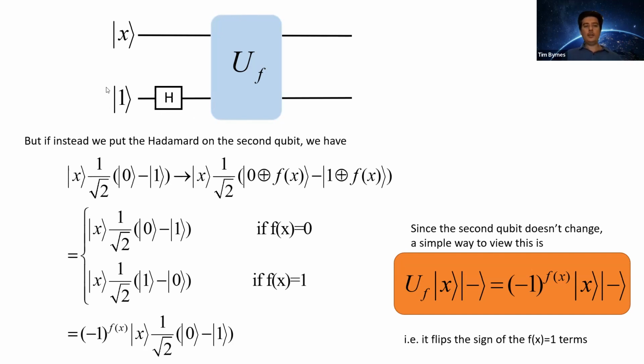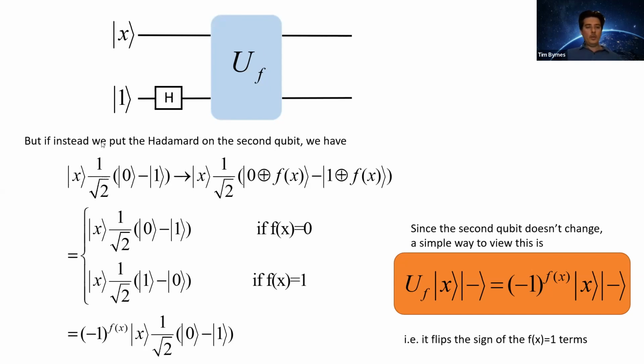So we start with a 1 instead of 0, and then we apply the Hadamard. We end up with something a bit interesting, because this time x is not a superposition, it's just either the 0 state or the 1 state. It's just a fixed state.